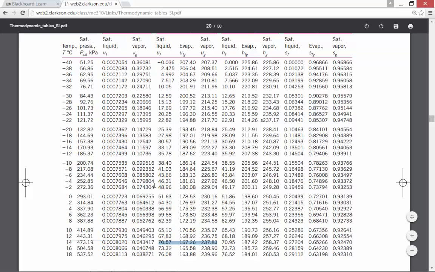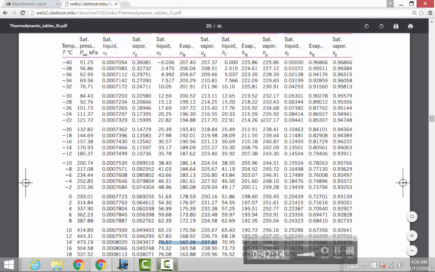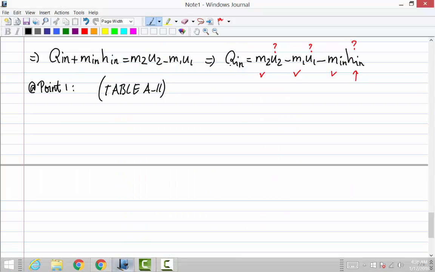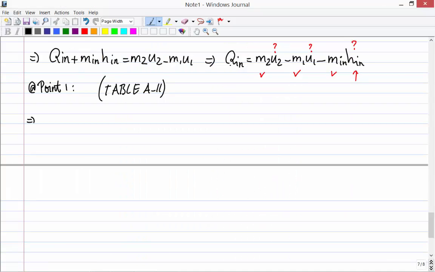I need ufg and uf here, this one and this one. Okay, so u1 is uf plus x1 ufg, and T1 is 14 degrees C.